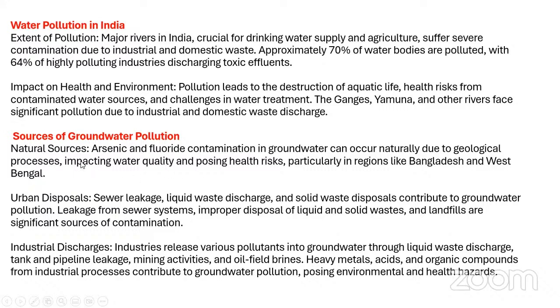Whereas in South India, Nalgonda is majorly affected with fluoride-contaminated groundwater. When we talk about arsenic, in Bangladesh, West Bengal and the Kolkata region, groundwater is mostly affected with arsenic pollutant. So these are the natural sources which may affect the quality of groundwater due to the geological weathering process.